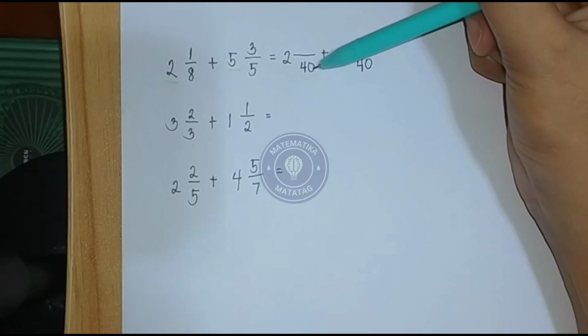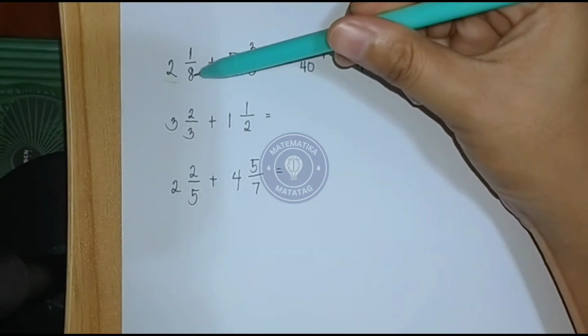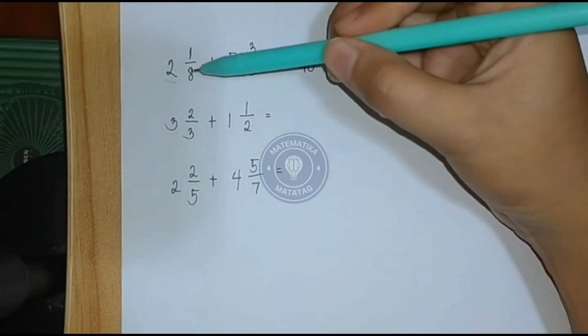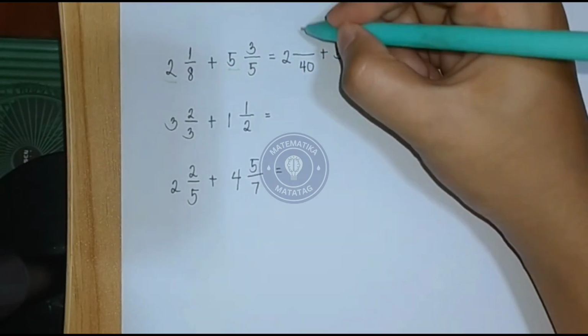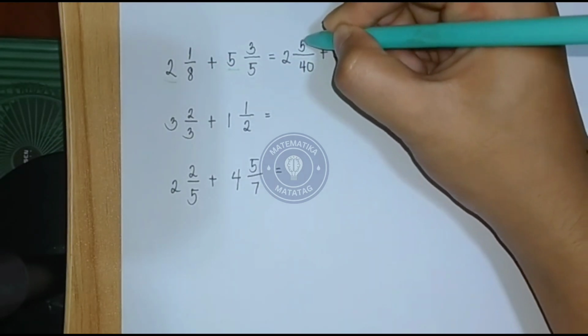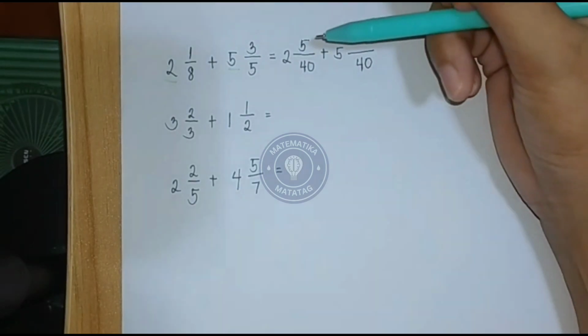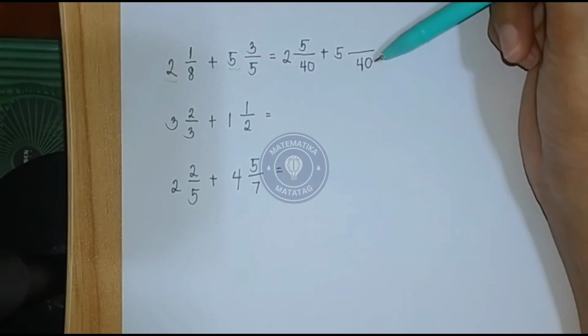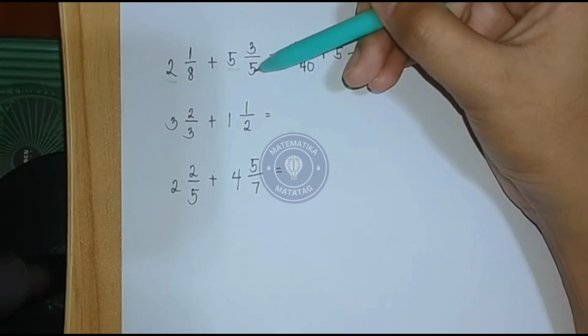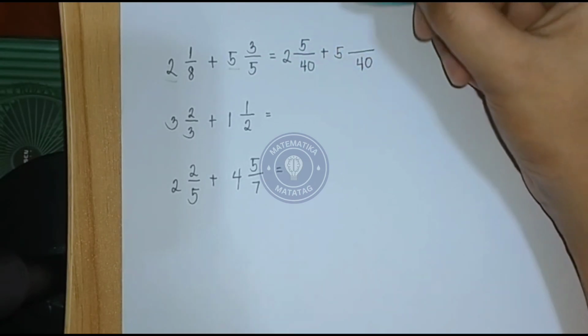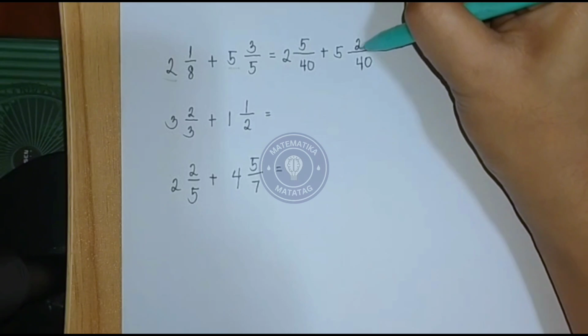So 40 divided by 8 is equal to 5. Then multiply to our numerator. 5 times 1 is 5. Next, 40 divided by 5 is equal to 8, times the numerator 3, is 24.